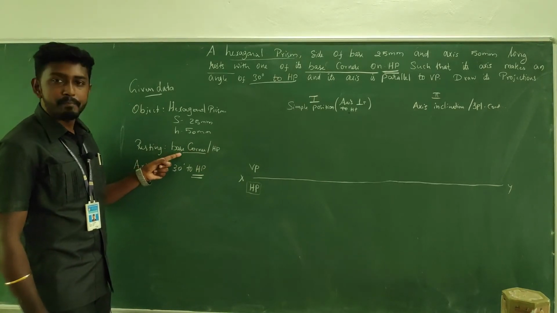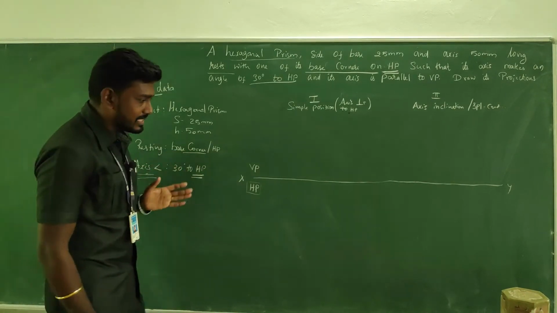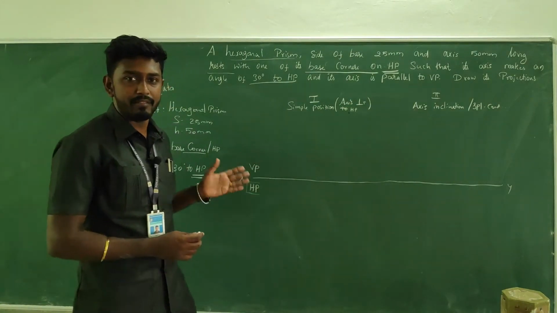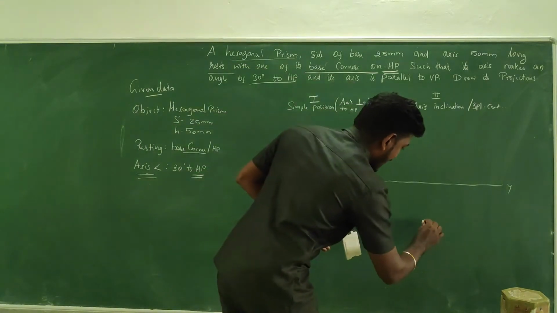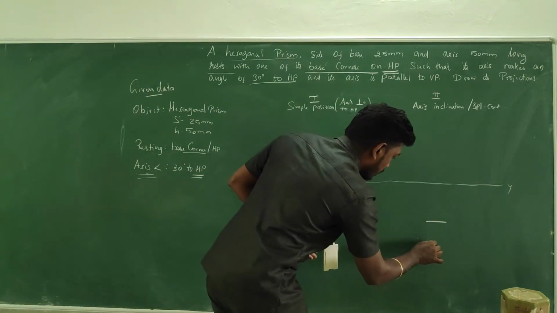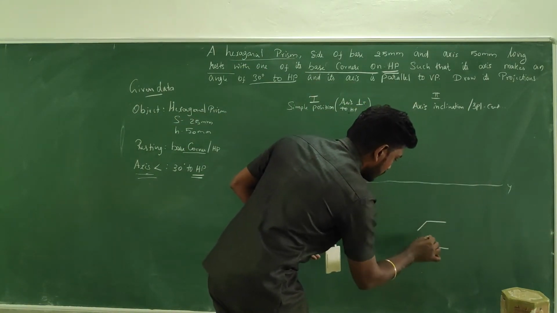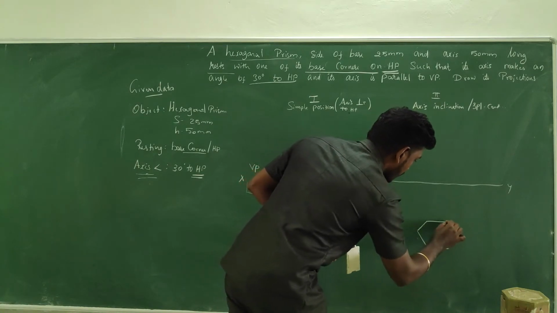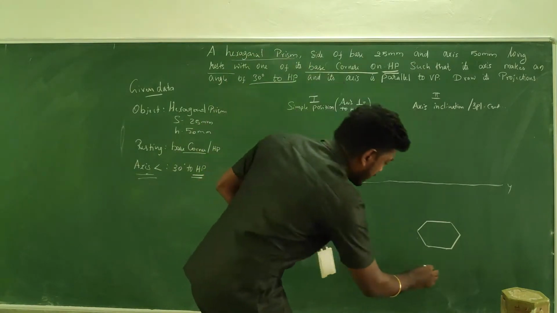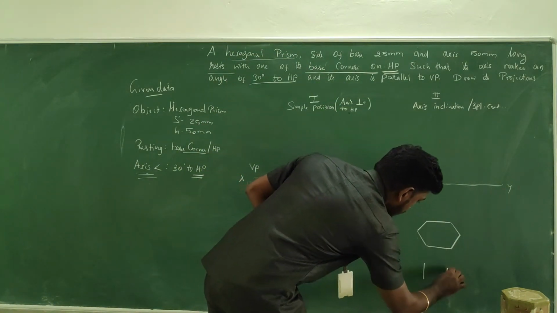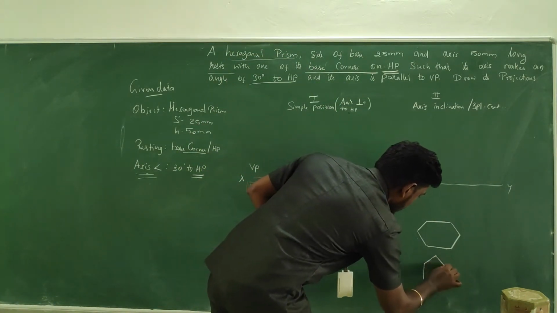Here it is given base corner. The same things which we followed in the plane we have to remember here as well. So as far as the hexagon is concerned, we shall keep the object something like this. As well, we can also keep the object like this.